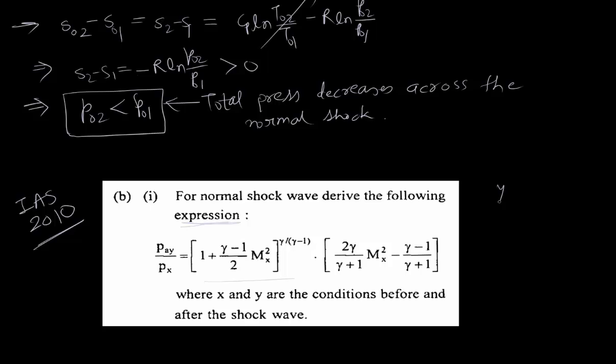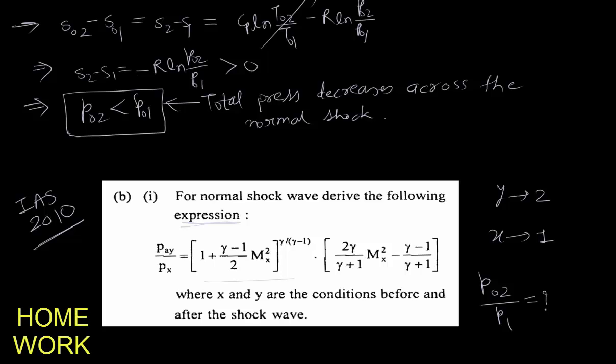Here y stands for 0.2, x stands for 0.1, and we have to derive the equation for P naught 2 divided by P1. P naught 2 divided by P1.